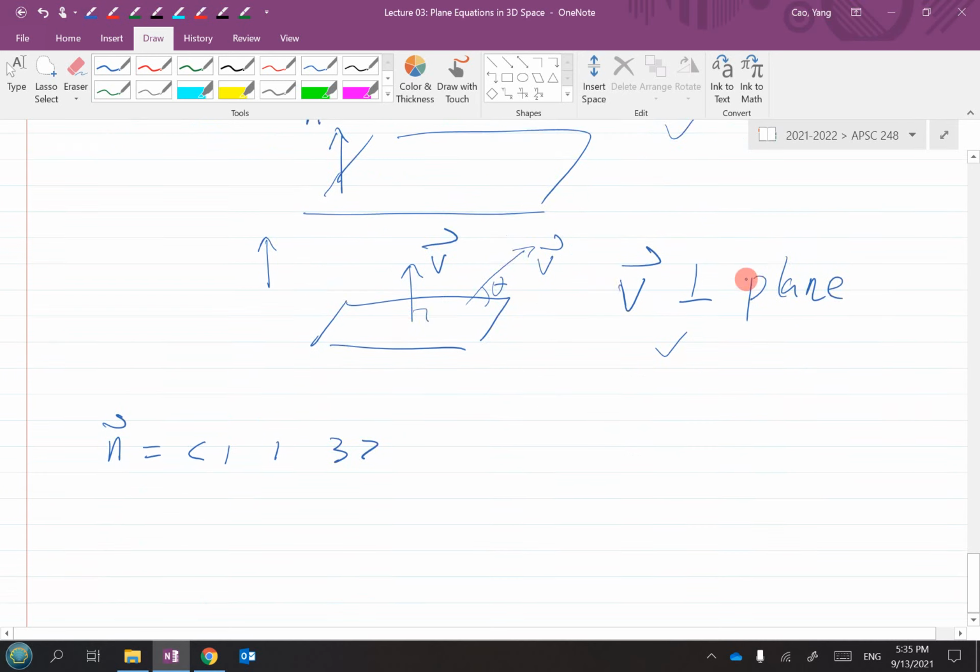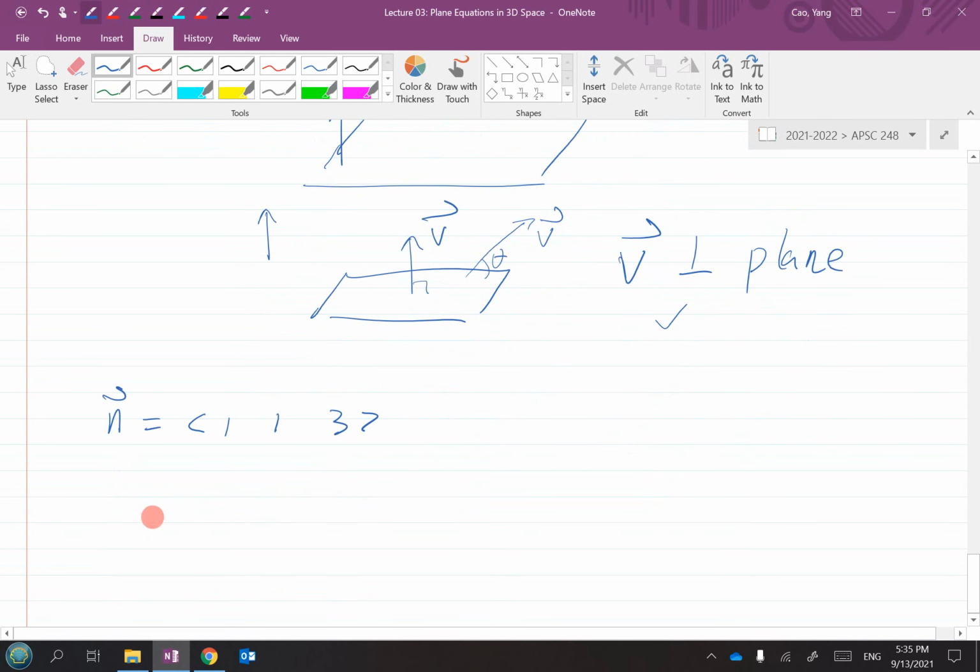Now I can actually try to use the dot product. So let's just try it out. What if n dot V is 0? Who knows. So let's calculate this dot product first and see what the value is. Okay, n is 1, 1, 3, and V is, what's V again? 1, 2, negative 1.